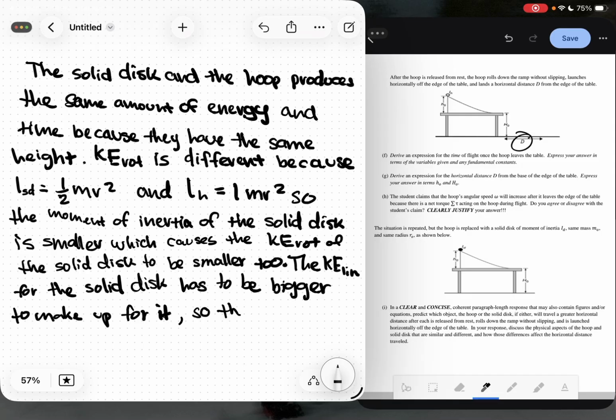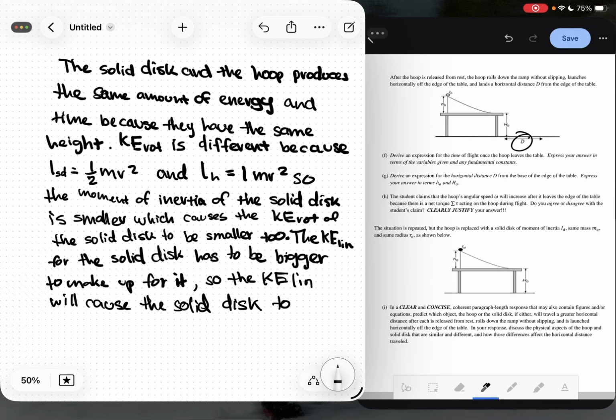So the KE linear will cause the solid disk to travel farther away.